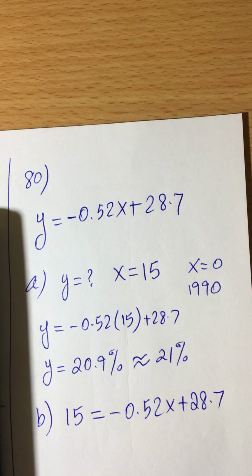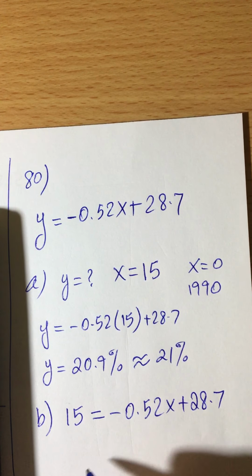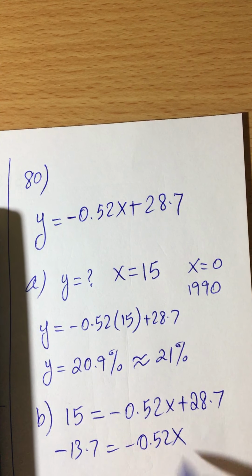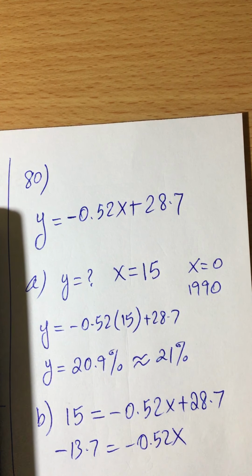So 15 minus 28.7, you get negative 13.7 equals negative 0.52x, and then divide both sides by negative 0.52, and you get x to be 26.4 approximately, and that's in years.